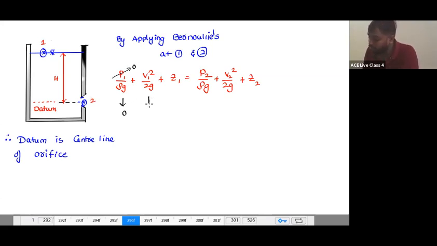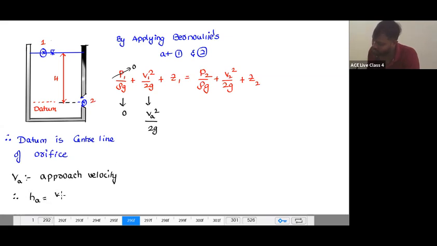And whatever this velocity is, this is nothing but the approach velocity, where VA is the approach velocity. In the case of a small orifice, the height is going to be very large, so at the water surface we are going to neglect the approach velocity. The approach velocity head is HA equals VA square by 2g. So generally we neglect that.